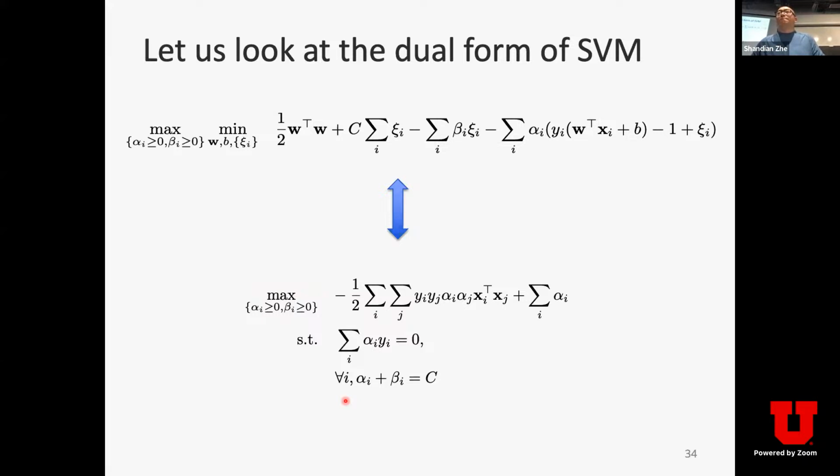In this way, we get a simplified form of our dual problem for SVM. So to solve the dual problem, all we need to do is solve a one-level constrained optimization problem with respect to the Lagrange multipliers alpha i's and beta i's. Any questions so far?